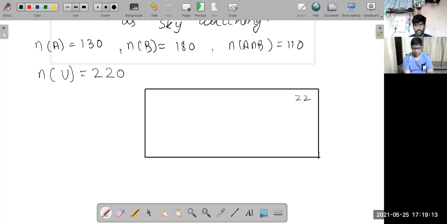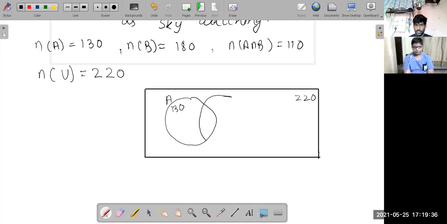So 220 students in all. Then there are students who have their hobby as rock climbing, that is A, which is 130.